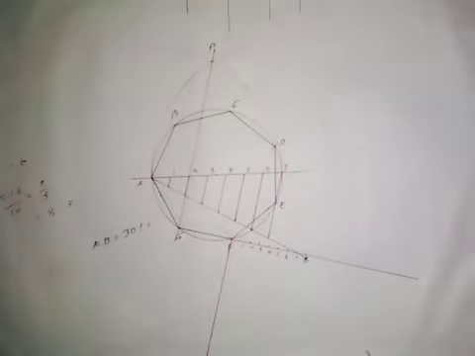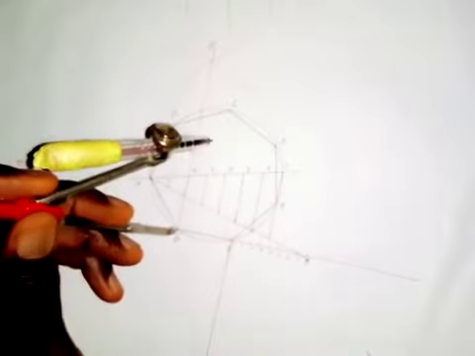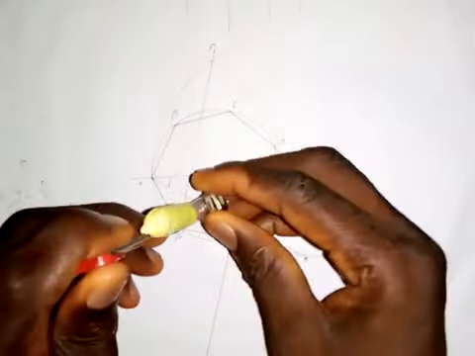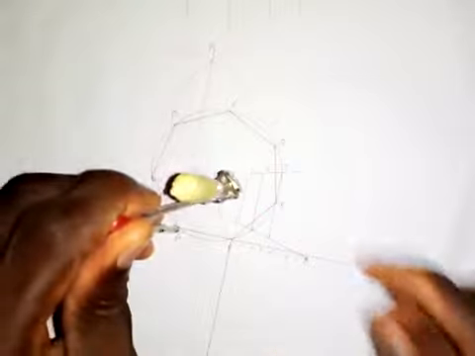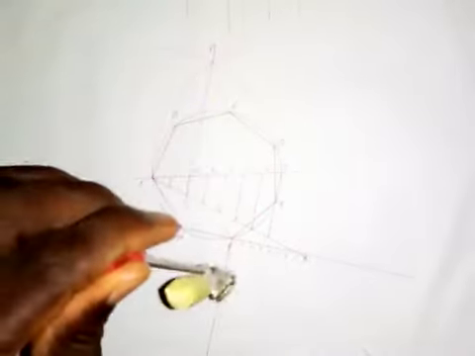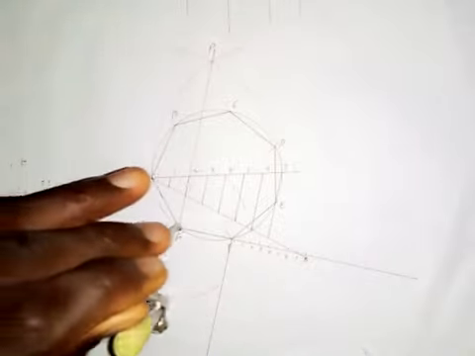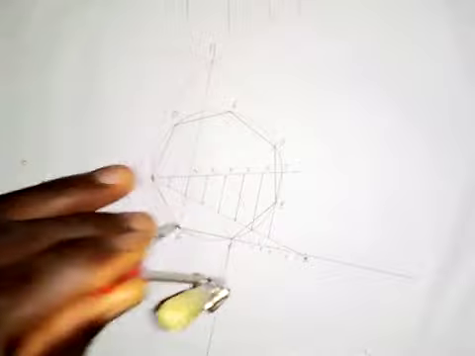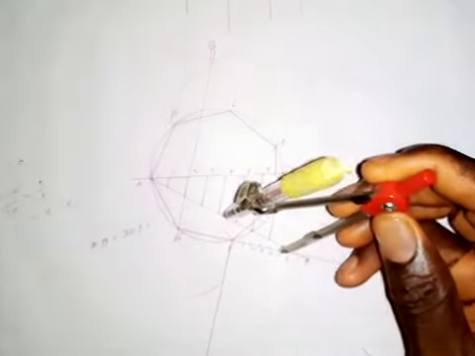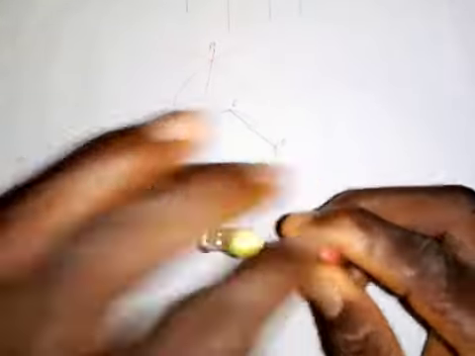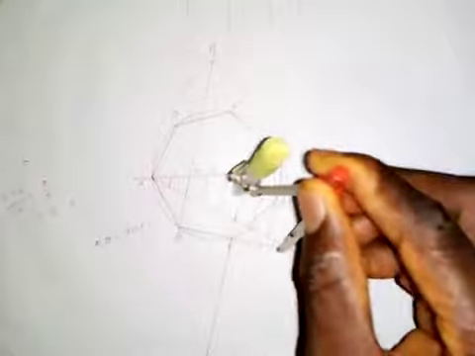All right, so then the next thing that I'm going to do is to put the midpoint of my compass at point G here, and then I will draw an arc like this. I want to know the midpoint of distance G5. So then I'll put it at point 5 here, and then I will make an arc like this.